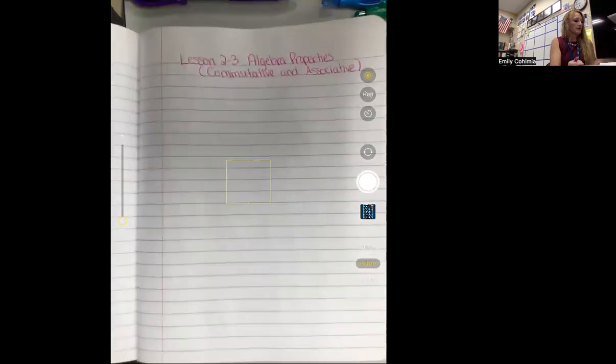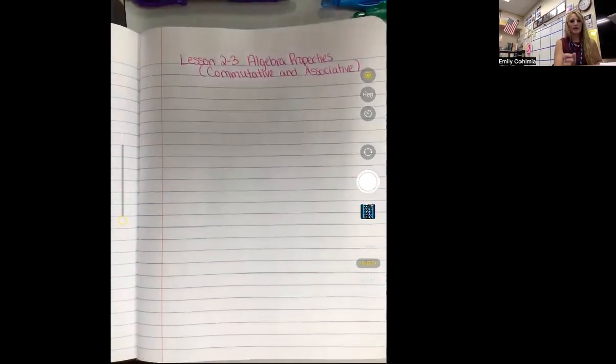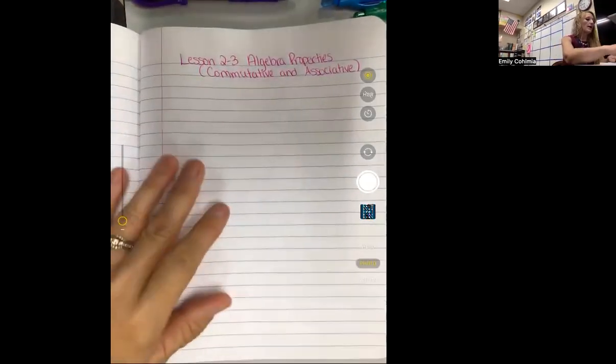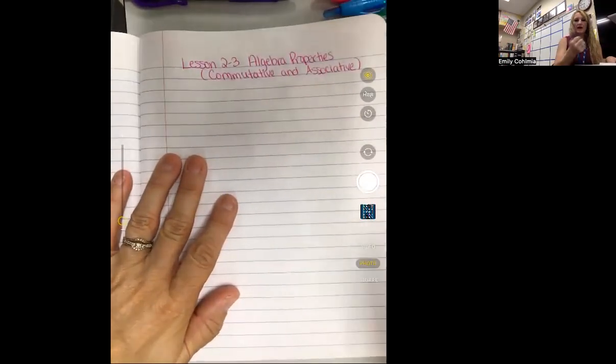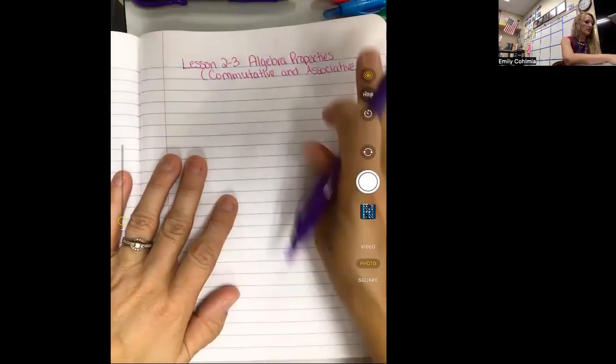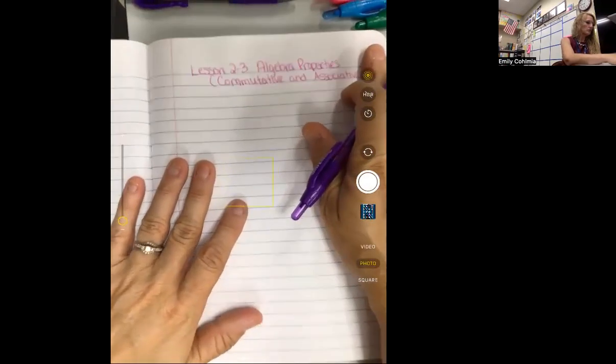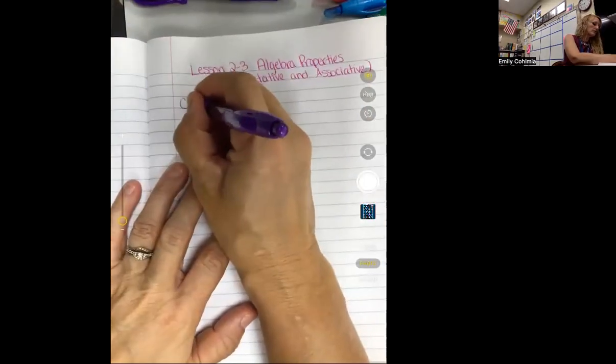So these two properties are ones that are used quite a bit. They're kind of, well, duh, it makes sense, but you need to know what they're called and you need to know how they're used. So let's talk about commutative first.